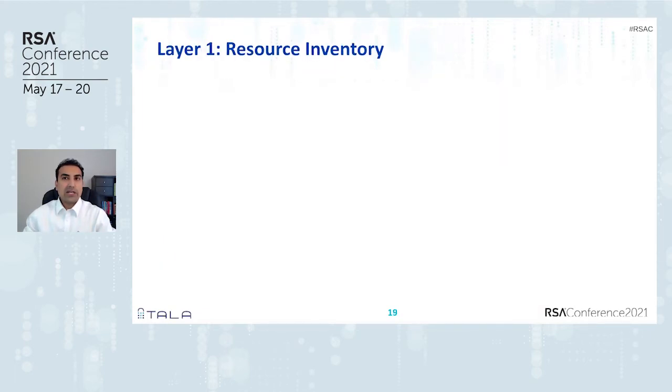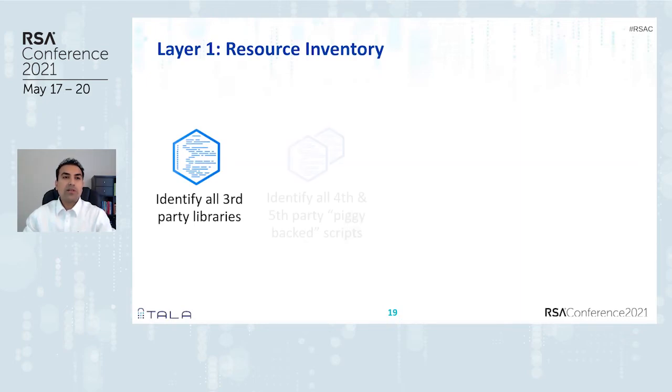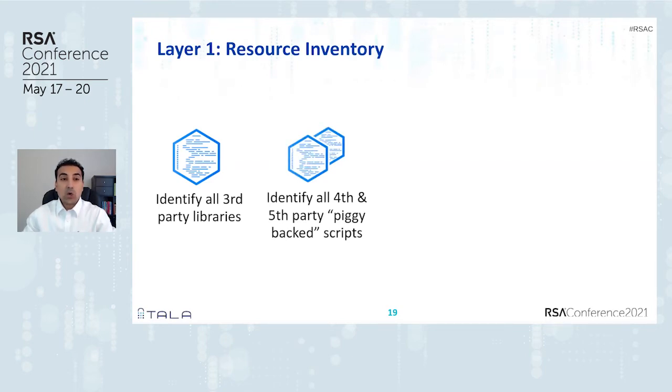So as I was saying, you cannot protect against threats that you do not know about. The first step is to identify all third parties that your application loads. And more importantly, all the third and fourth parties that are loaded by your third parties. That is, the fourth and fifth party JavaScripts that have been piggybacked on through your third party.